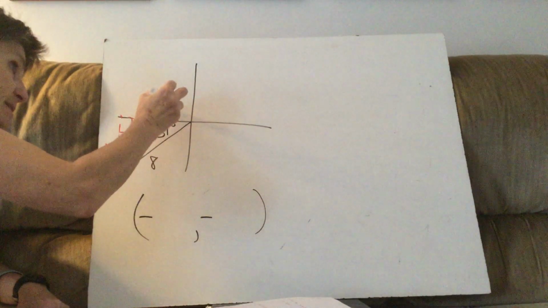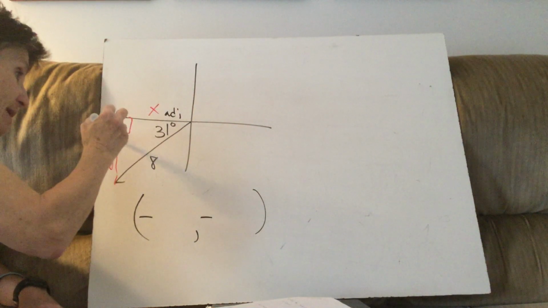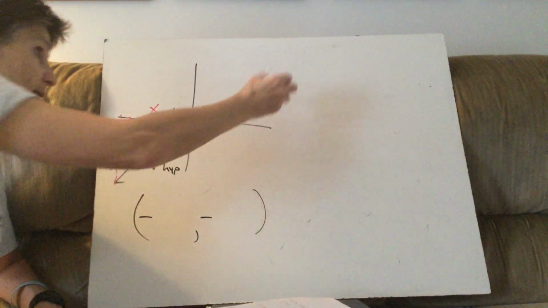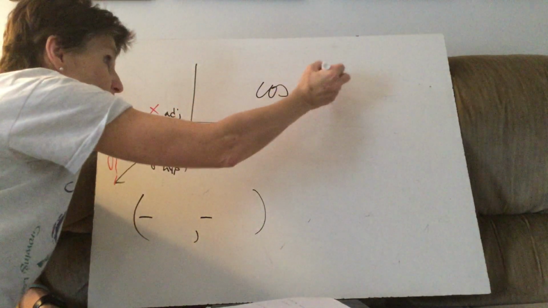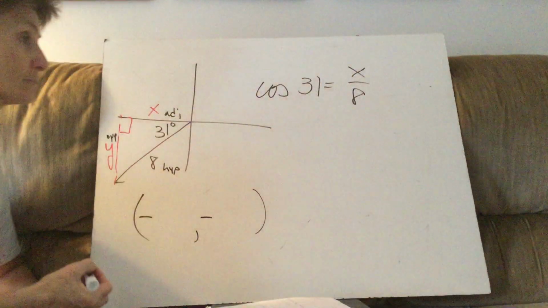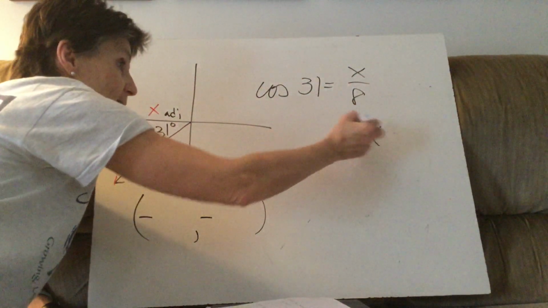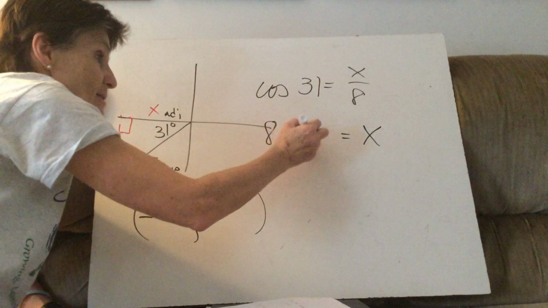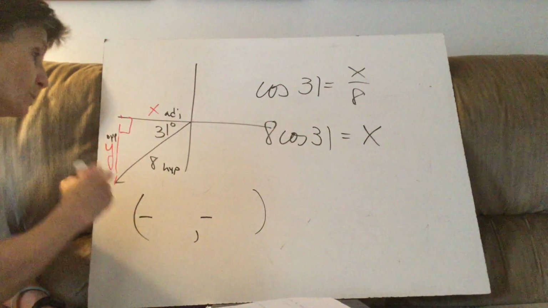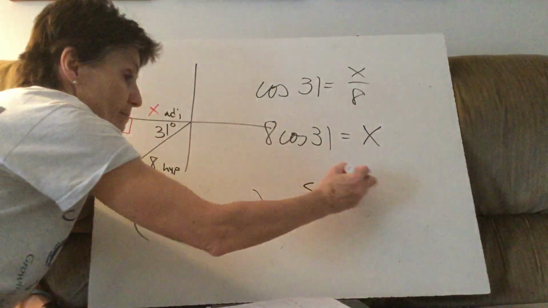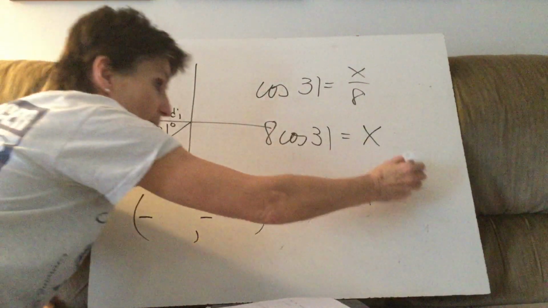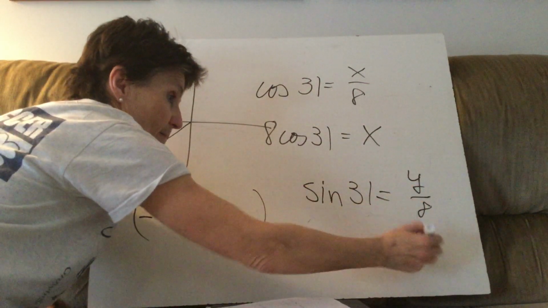Okay, so here we go. We've got our adjacent side, our opposite side, and our hypotenuse. So if we want to find x, we'll say cosine angle equals adjacent over hypotenuse. So x equals 8 cosine 31. And then we'll say sine 31, that is sine angle, equals opposite over hypotenuse.